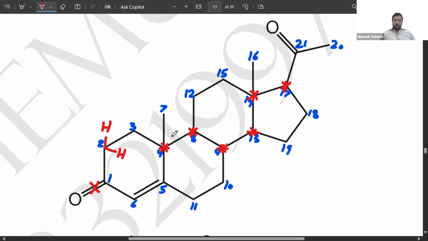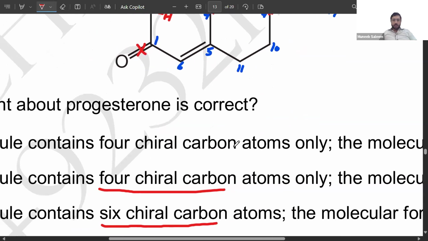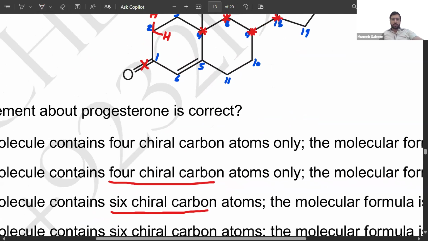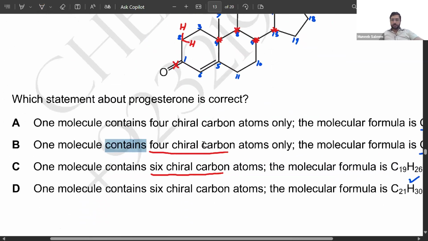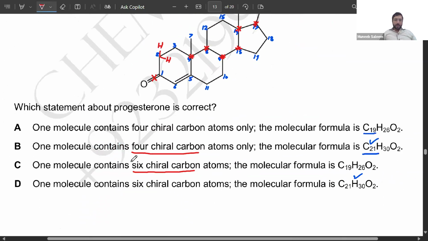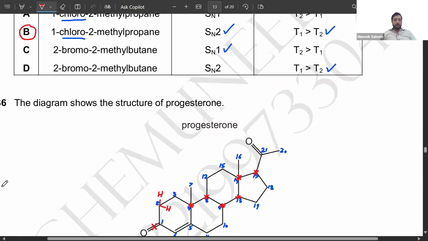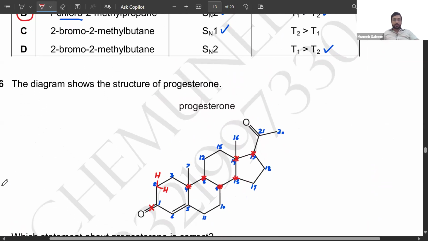So in total, we have these 6 chiral carbon atoms present in this compound. So the right option should be 6 chiral carbon atoms here, which means option C and D. And option D contains both the ticks here. So that's why the correct option becomes option D of question number 36.